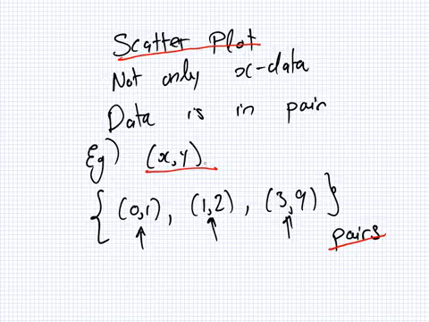So a scatter plot is a way to draw the relationship between the two. So for example, if you think about economics, and if you have inflation as the x, and unemployment as the y, what's the relationship? What do you think?